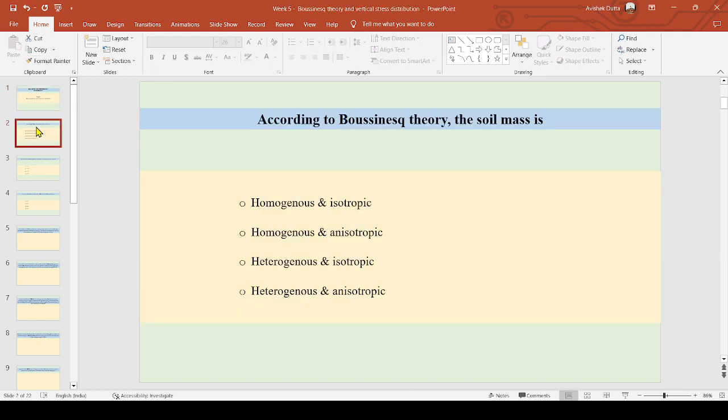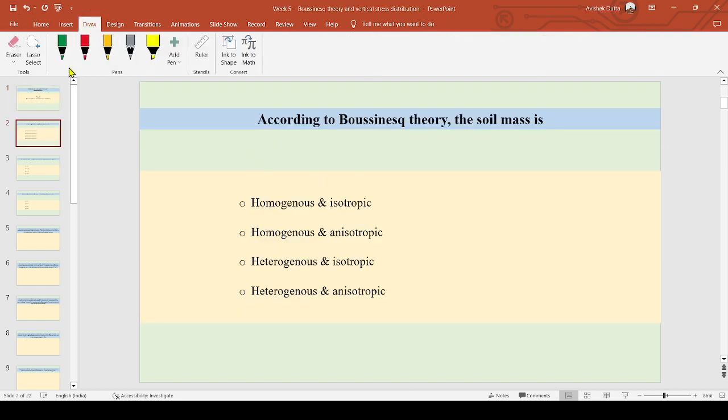So the first question was, according to Boussinesq theory, the soil mass is homogeneous and isotropic, or heterogeneous and anisotropic.